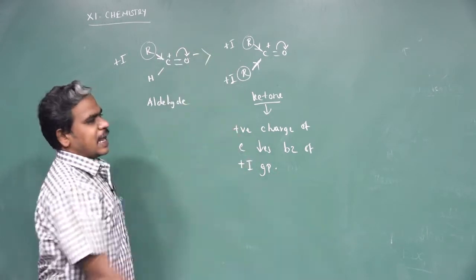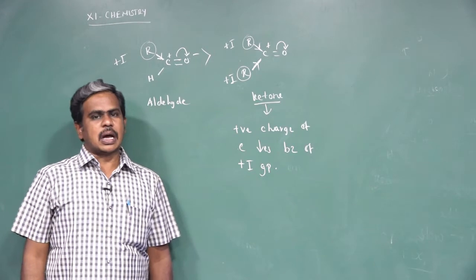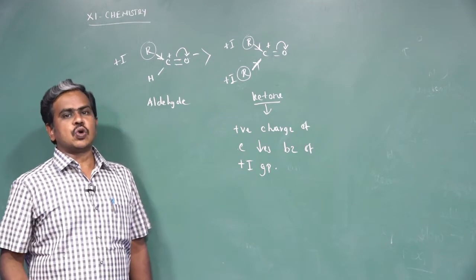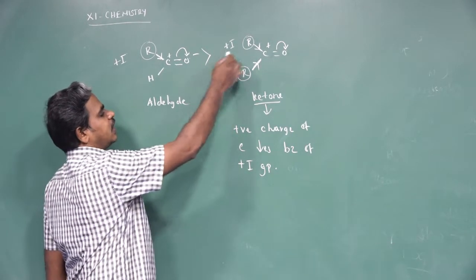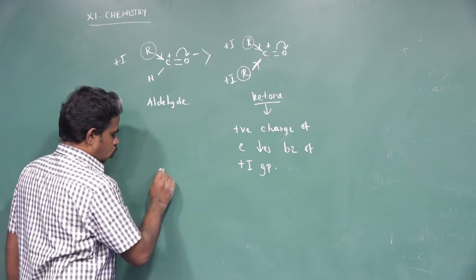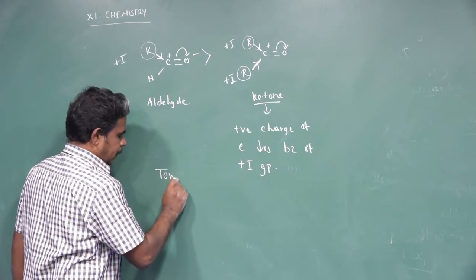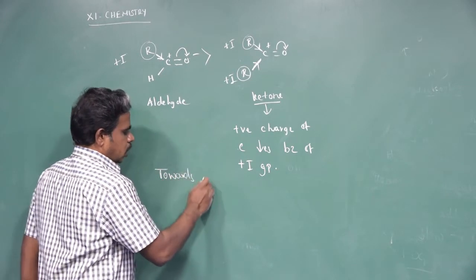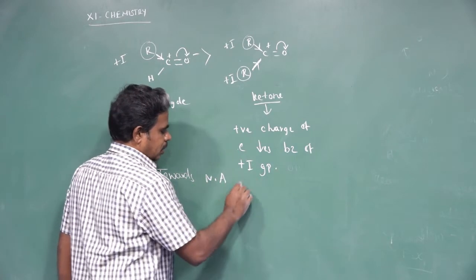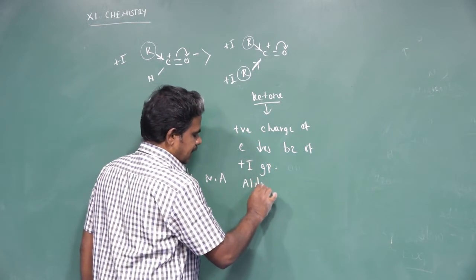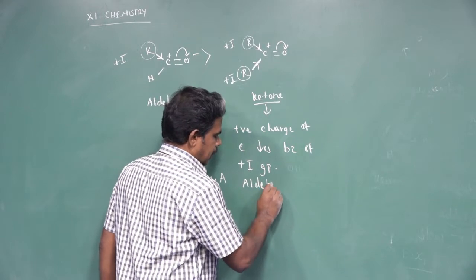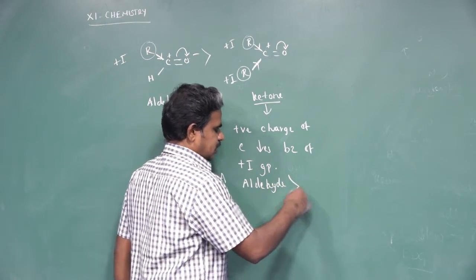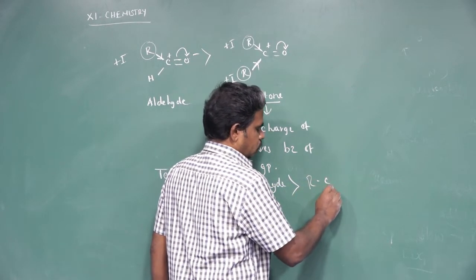So aldehyde has greater nucleophilic addition than ketone. So towards nucleophilic addition, aldehyde is faster than ketone.